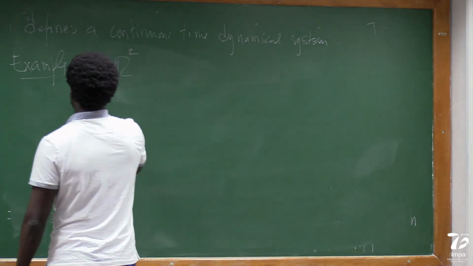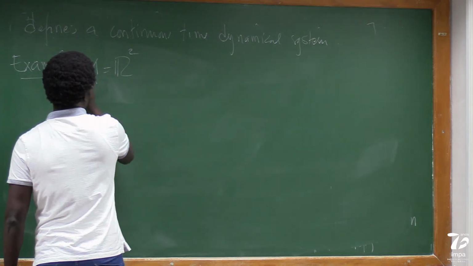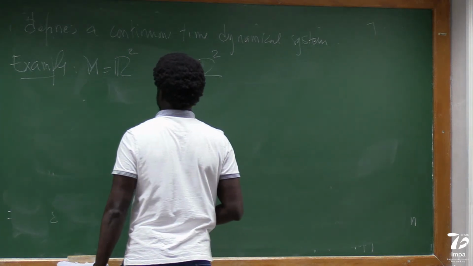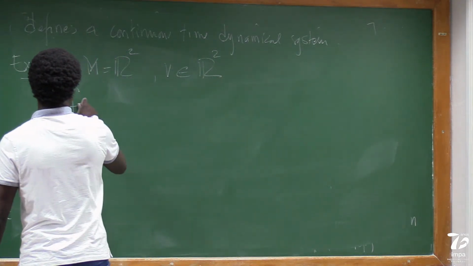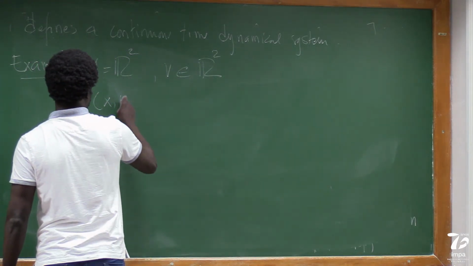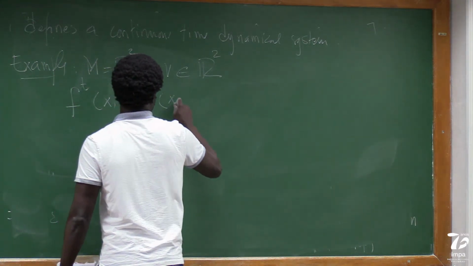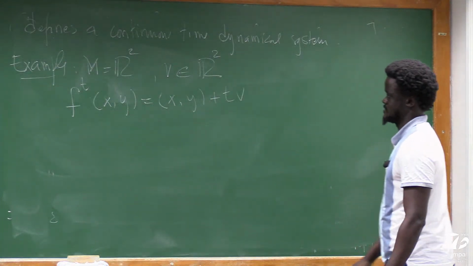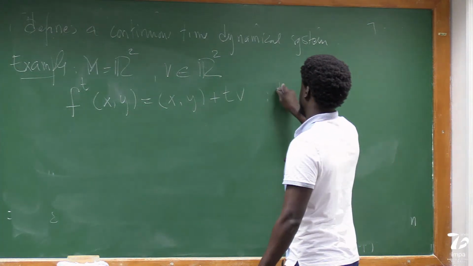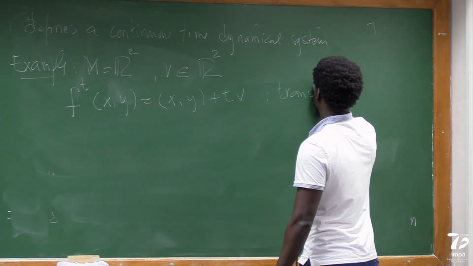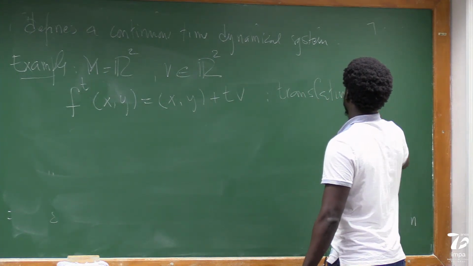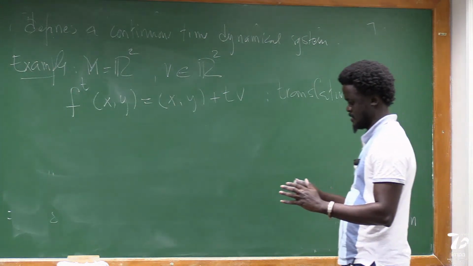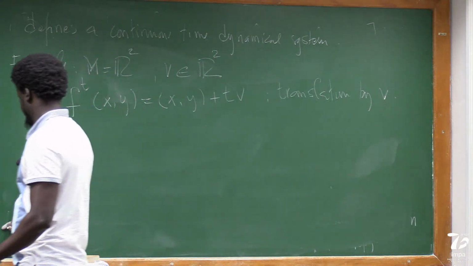And you can think of this transformation F_t, and V. So take V a vector on R2, F_t(x) is x plus tV. This is just a translation by V. So this defines a continuous time dynamical system.